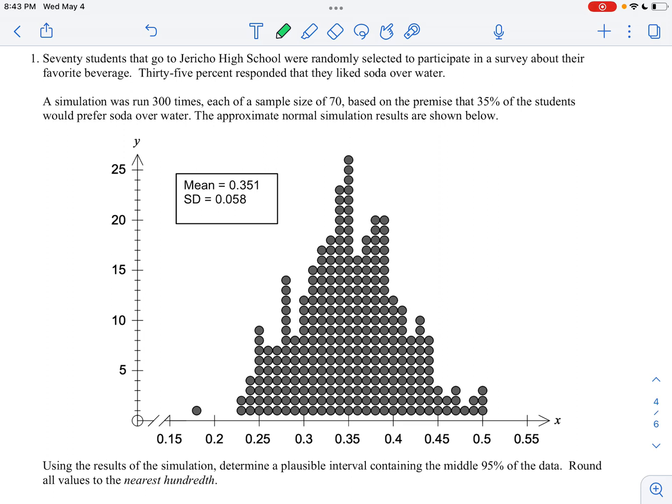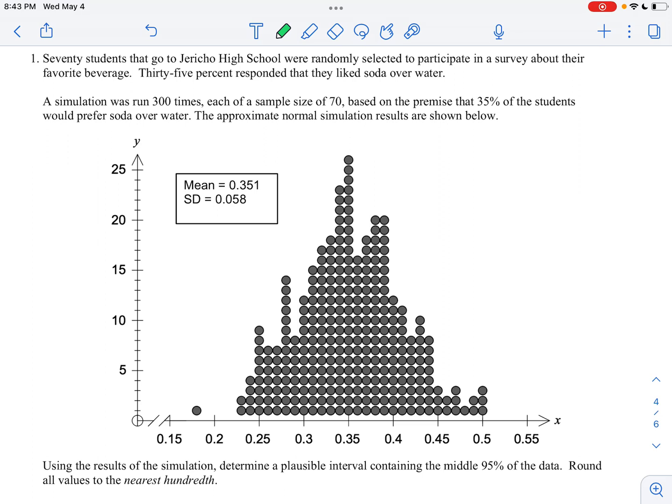70 students that go to Jericho High School were randomly selected to participate in a survey about their favorite beverage. 35% responded that they like soda over water. A simulation was run 300 times, each with a sample size of 70, based on the premise that 35% of the students would prefer soda over water.